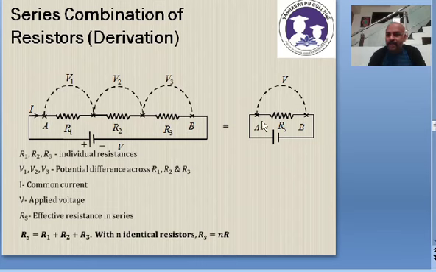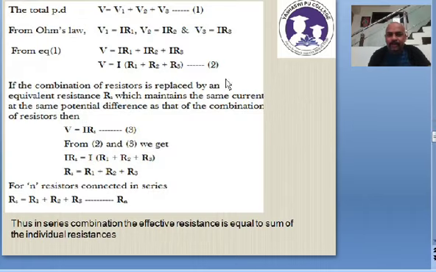I is the current flowing through RS, V is the potential drop, RS is the resistance. So according to Ohm's law, V, the potential drop across the effective resistance RS, is equal to I into RS. Check this one, V is equal to I into RS. This is the Ohm's law applied to the equivalent resistor.